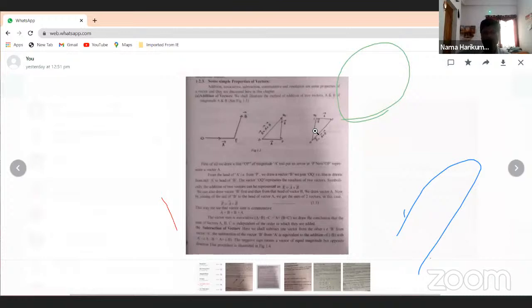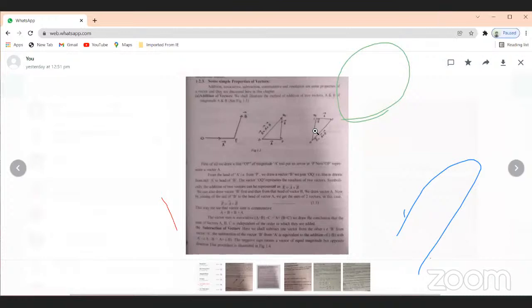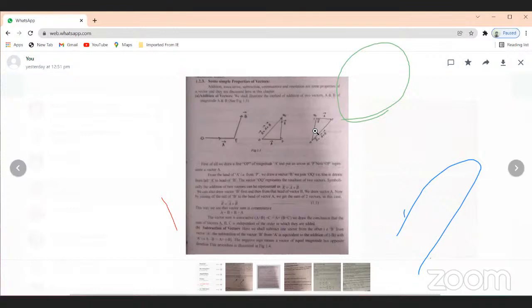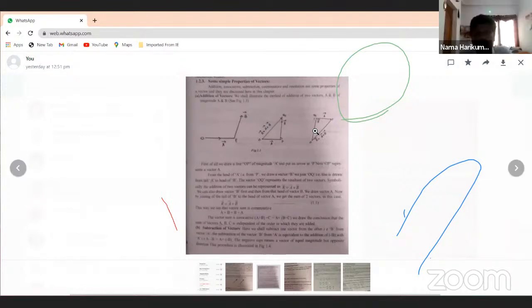Sir, you are saying that from one point they should separate from each other? Resultant is R equals A minus B. From point P, P2Q on one side and next P2O.